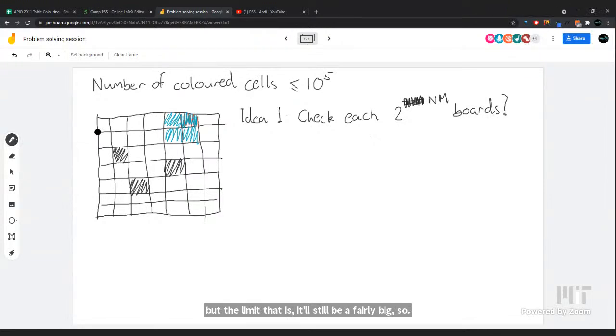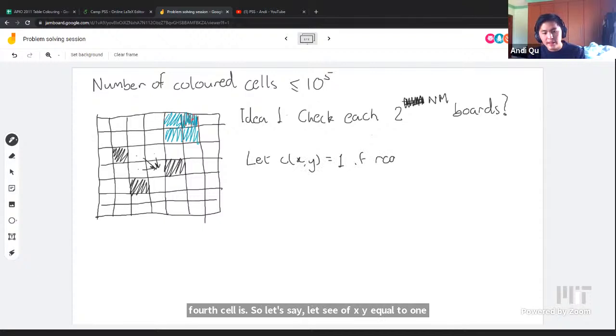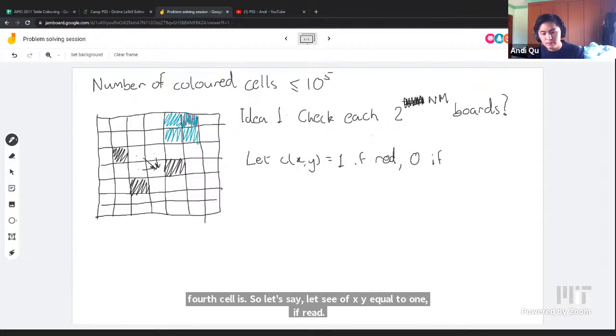So one way would be, okay, if you're given 3 cells already, you know what the 4th cell is. So let's say C of x, y equals 1 if red and 0 if blue, right?